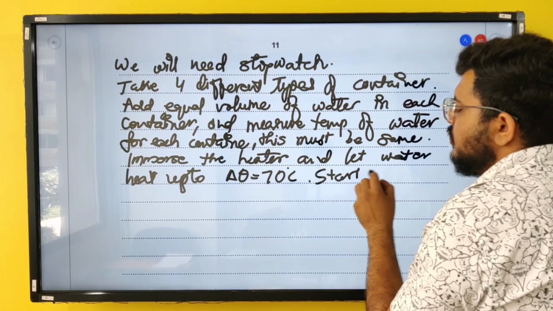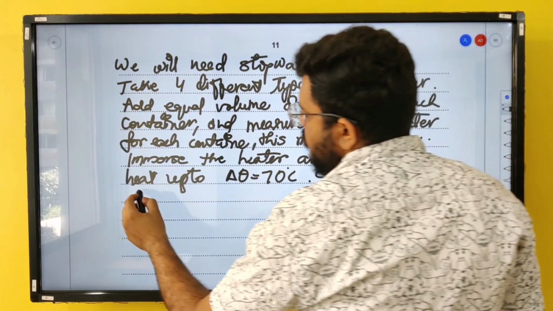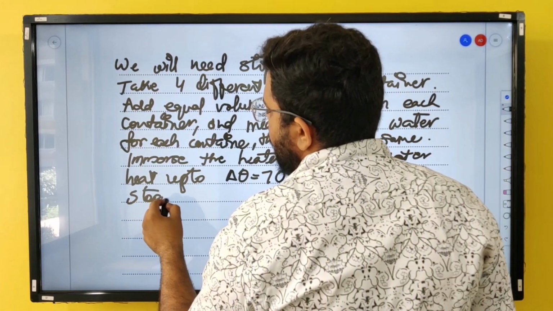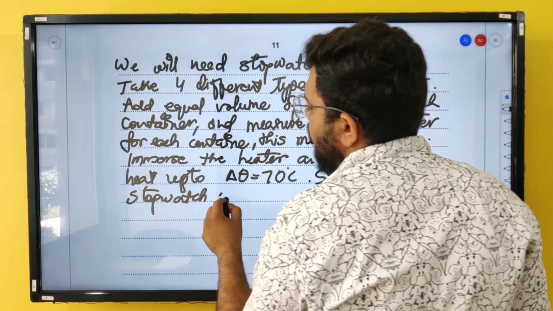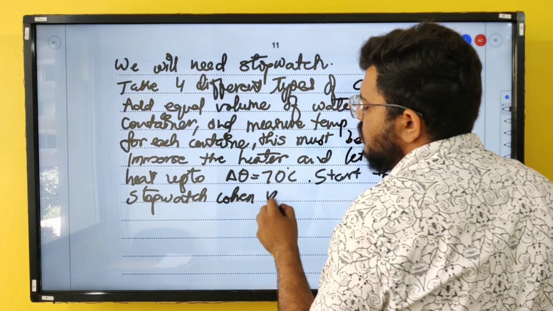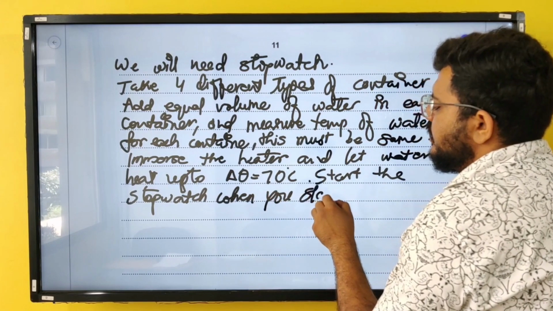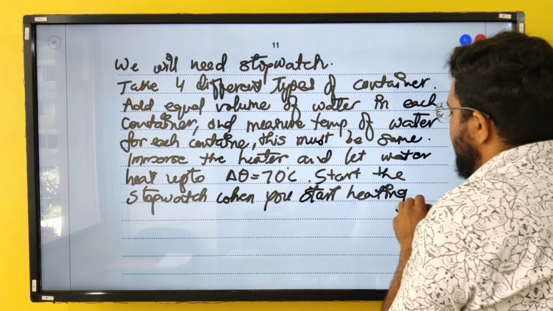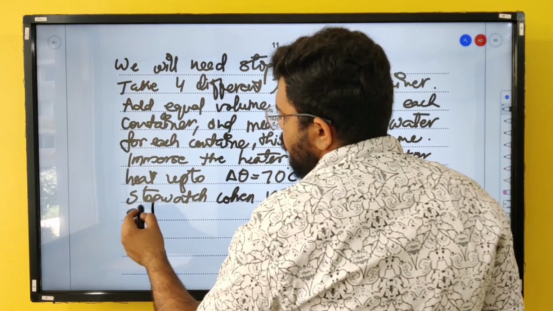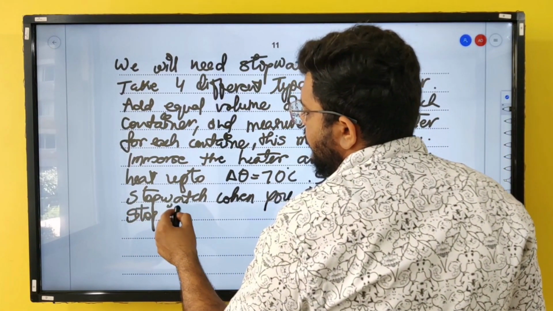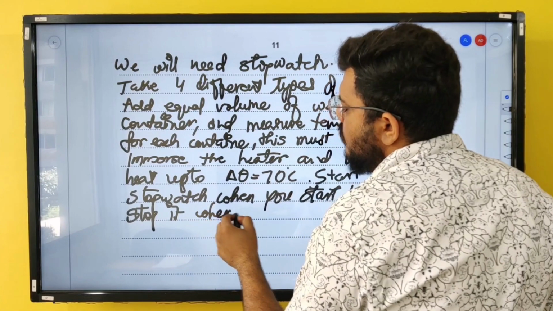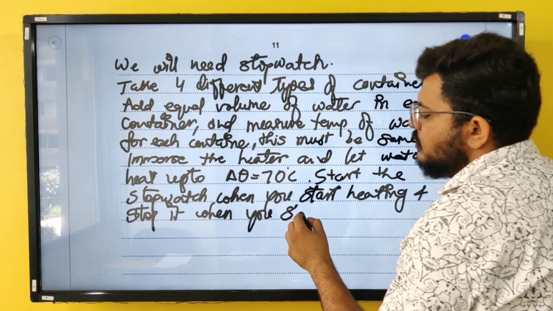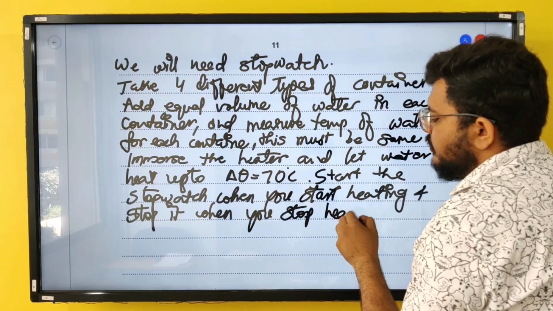Start the stopwatch when you start heating and stop it when you stop heating.